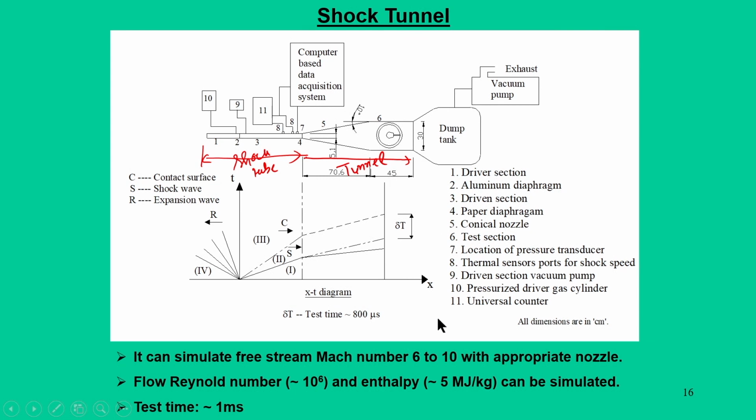If you are putting a Mach 6 nozzle, the Mach number of 6 is available to us for 1 millisecond durations, and it has an enthalpy of about 5 megajoule per kg. If you can use this enthalpy, then you can perform the required testing in the tunnel.